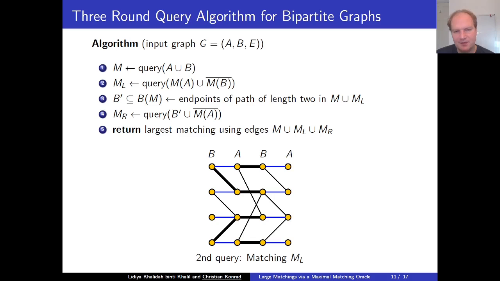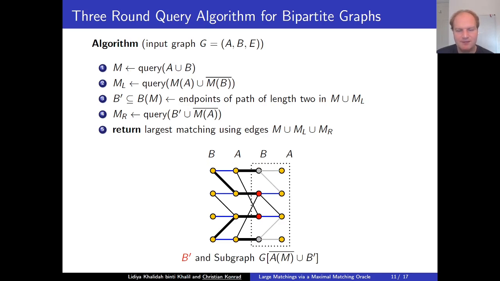Now, what we are doing here is essentially we're going to find 3-augmenting paths. We mark specific B vertices that are matched in our initial matching M. We mark those B vertices that are endpoints of paths of length 2 in M and M_L together. And now our aim, in our third query, is to match these red B vertices, so find a third edge to complete a 3-augmenting path.